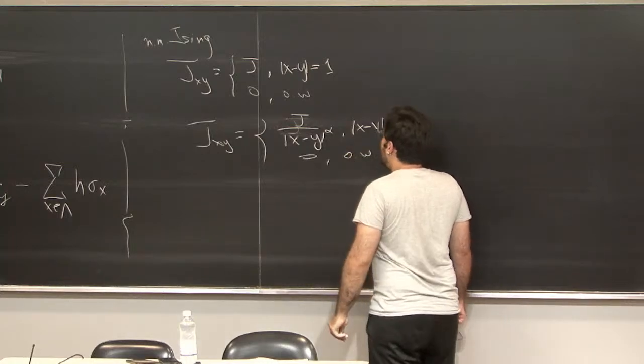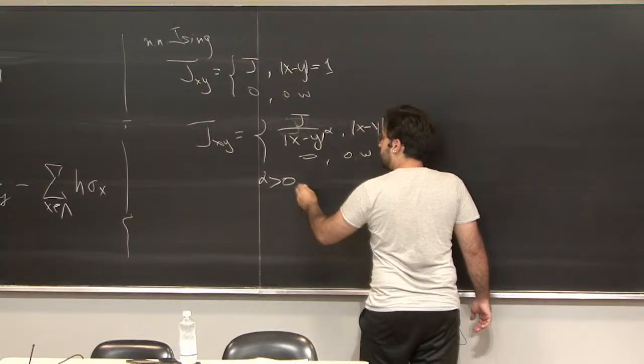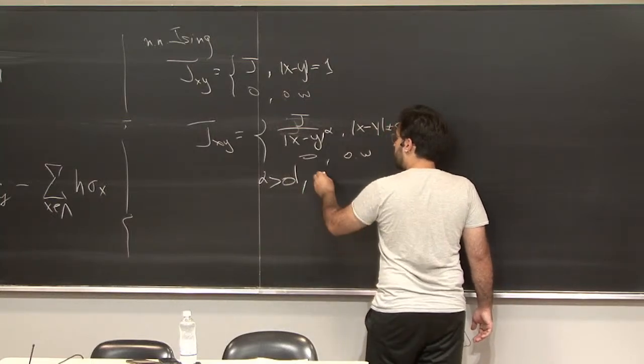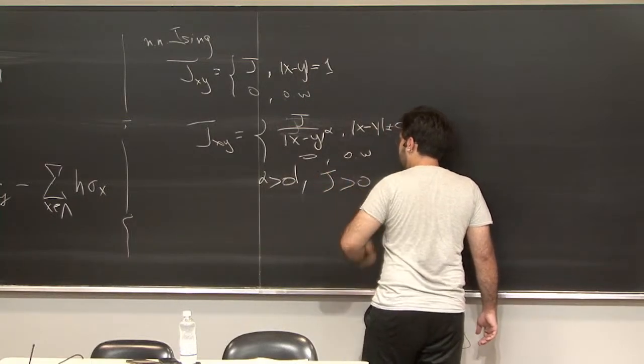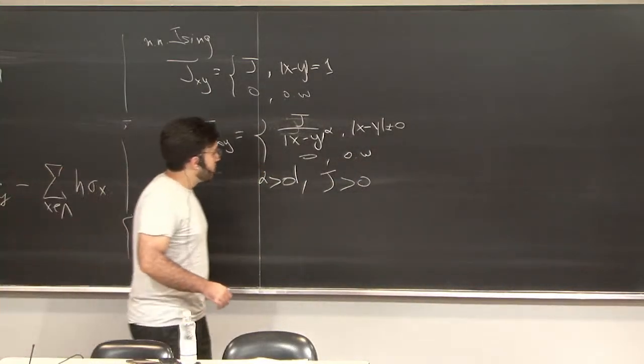Okay, and alpha is larger than d, and also J, the constant, is always positive, so we are in the case of a ferromagnetic system.